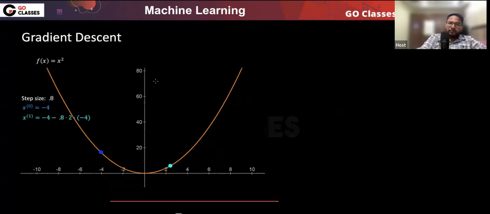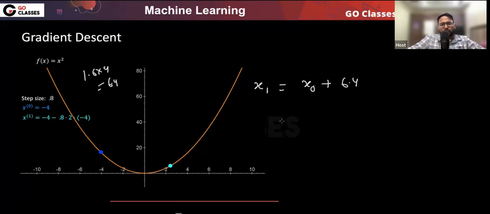So for now, let's suppose I'm doing this kind of update, that x1 equals x naught plus something that I need to add. Suppose they are adding 0.8 or 1.6 into 4, so they're adding 6.4.